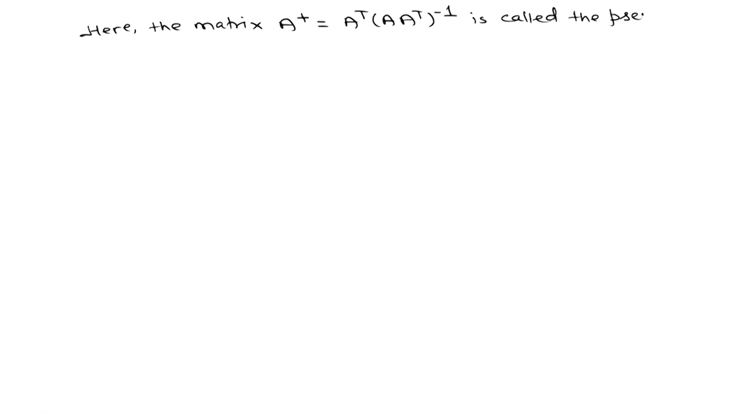So, here the matrix A plus, which is equal to A transpose into (A A transpose) inverse, is called the pseudo inverse of A in the underdetermined case.